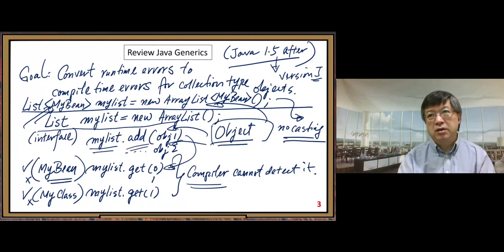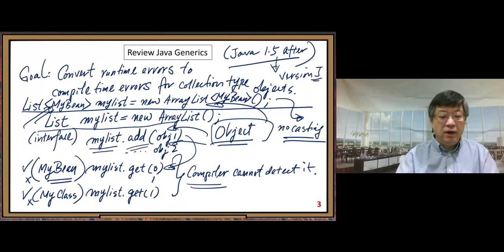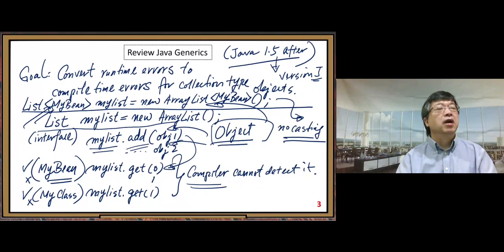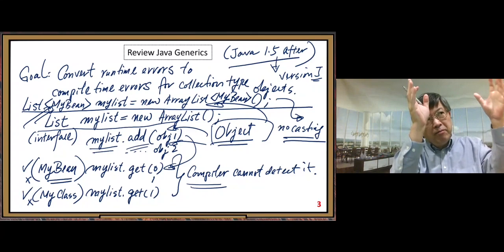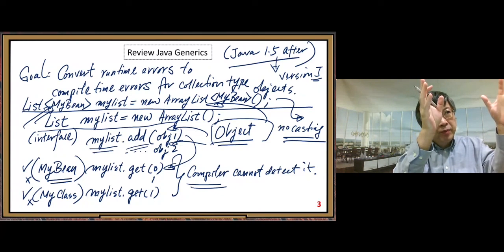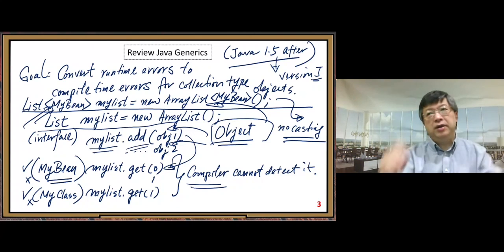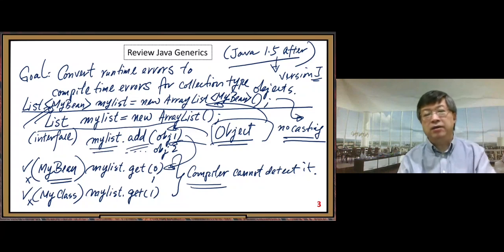Java knows how to do the conversion. You do not need to explicitly do the casting. So you can see that's the basic idea of Java generics. If you use this technology, you can make your Java code of better quality and easier to maintain.